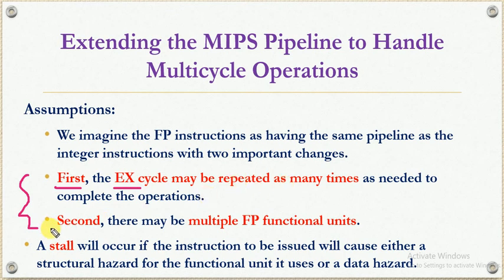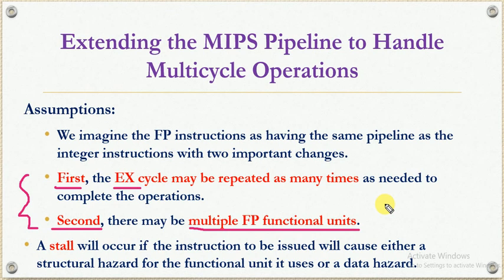The second point is that sometimes we can utilize more than one functional unit for performing the task. That is, we are using multiple FP functional units. If we are using multiple functional units for the execution, we can execute more operations.